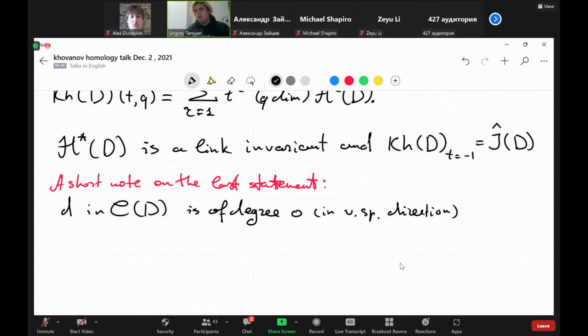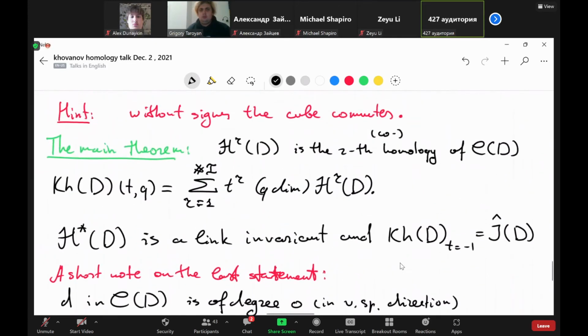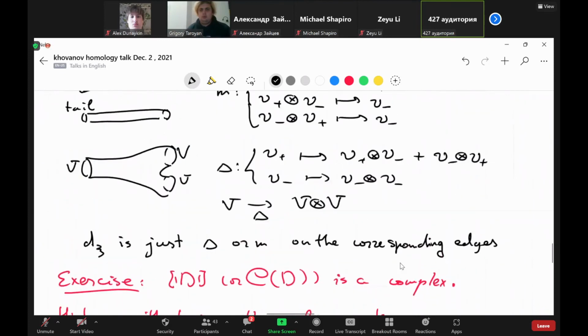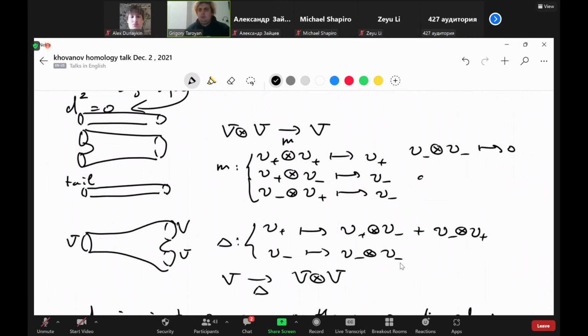So that's another reason why we need to shift vector spaces in the definition of this complex. And so probably it's best to return back to the definition of m and delta so that one would be able to see that. Yeah, so the degree of m and delta is -1.